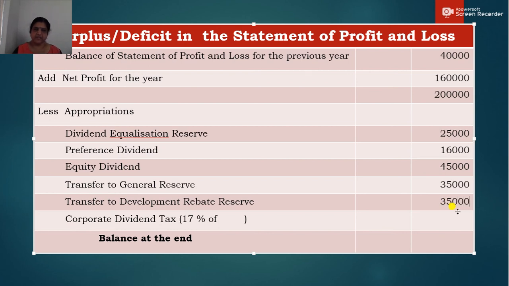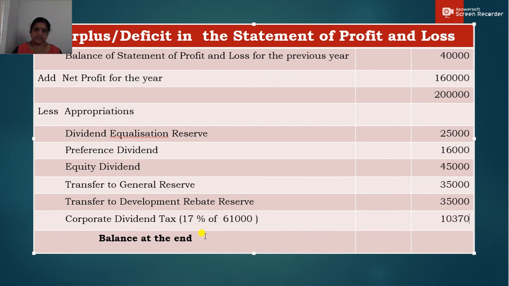Okay. Then you have to compute corporate dividend tax, that is 17% of what? Preference dividend is 16,000 and equity dividend is 45,000. So the total comes to 61,000. So 17% of 61,000 is 10,370.